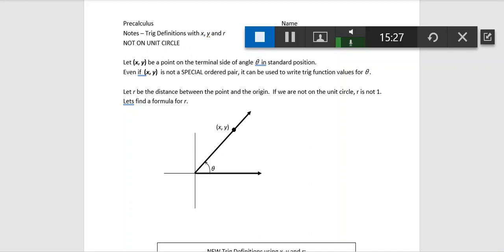All right. So y and x are 3 and 5. So 3 squared plus 5 squared equals r squared. So that's 9, and that's 25. So r squared is 34. So r is square root of 34.